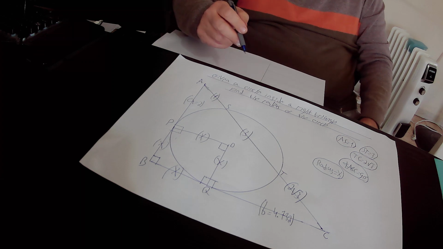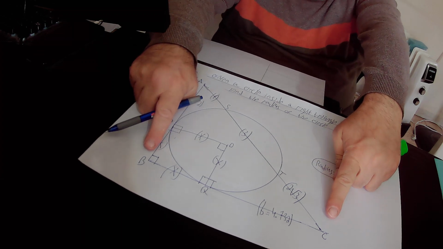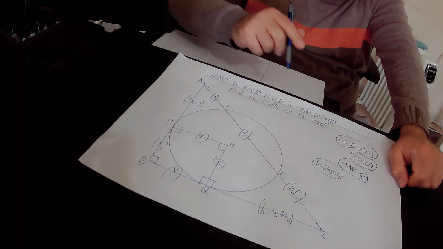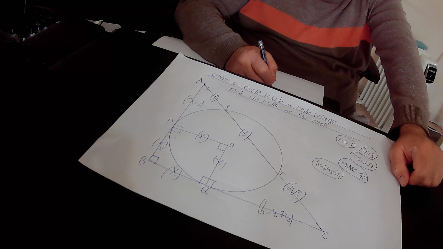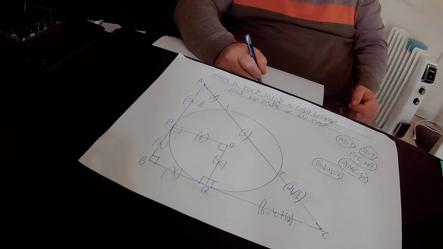plus BC squared. From the drawing it is easy to see that BC in total equals x plus 4.732. So write it down, BC equals x plus 4.732, and therefore BC squared equals x plus 4.732 squared.